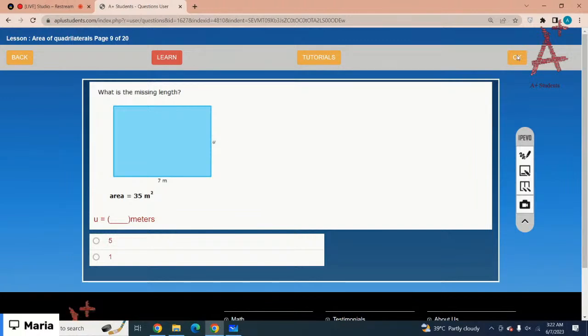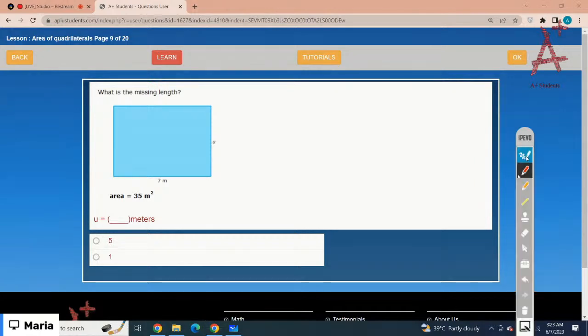Okay, what is the missing side length? You are given one of the side lengths, that is 7.